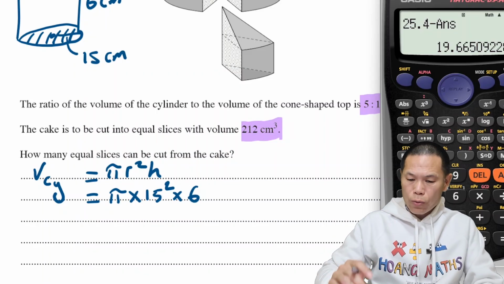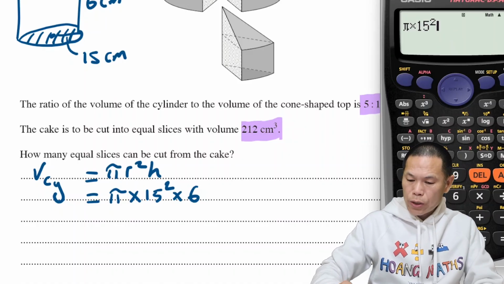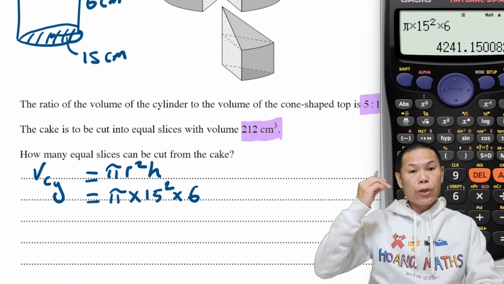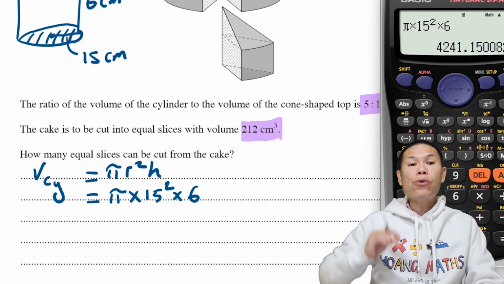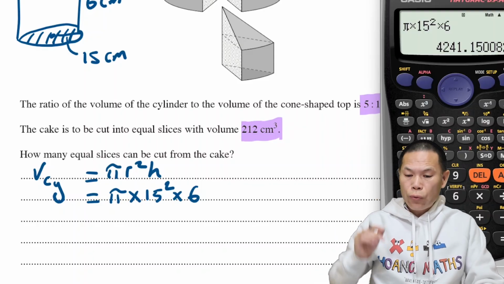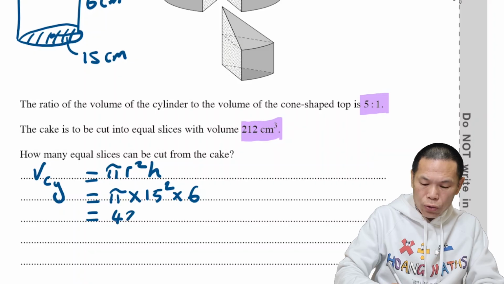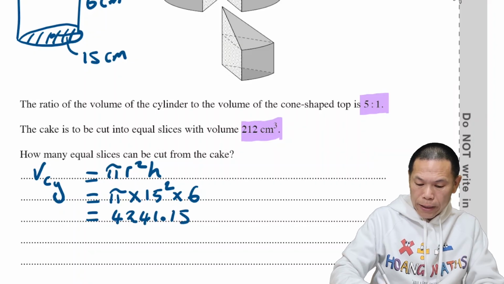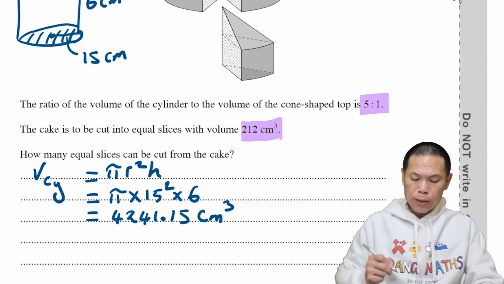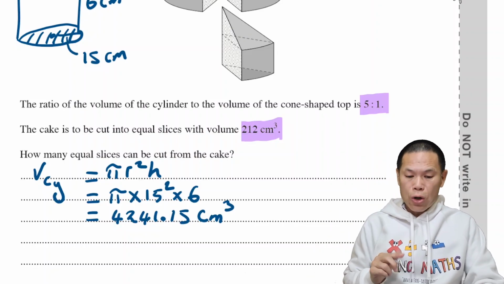Pi times 15 squared, times 6. There you go. 4,241.15 cubic centimeters.